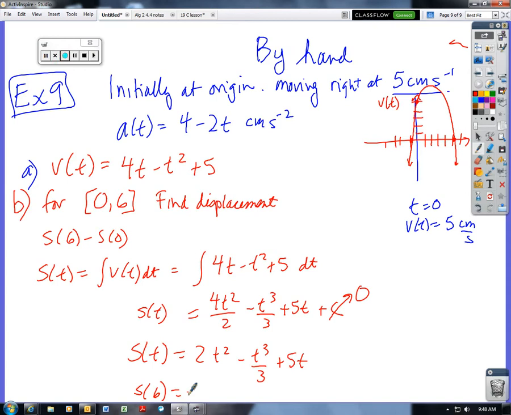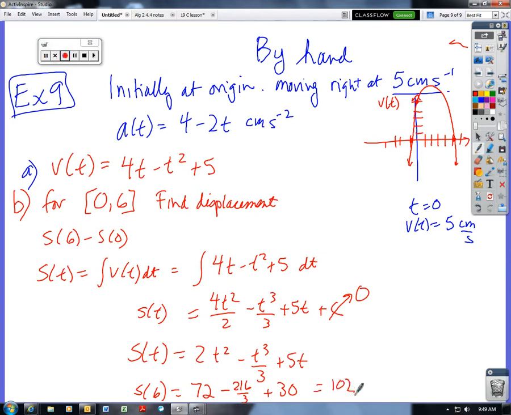6 squared is 36. 36 times 2 is 72 minus, oh gosh, I think 6 cubed might be 216, but I want to double check. 6 raised to the third. Yep, it is 216. 216 thirds plus 5 times 6 is 30. 72 plus 30. I know we're not supposed to use calculators. That's 102.